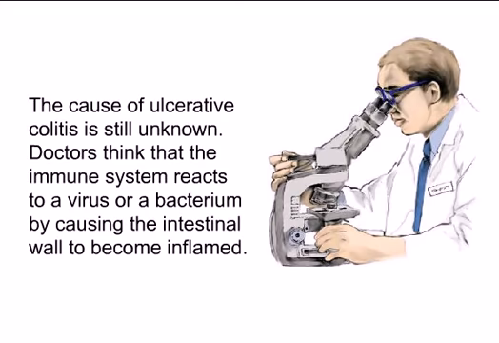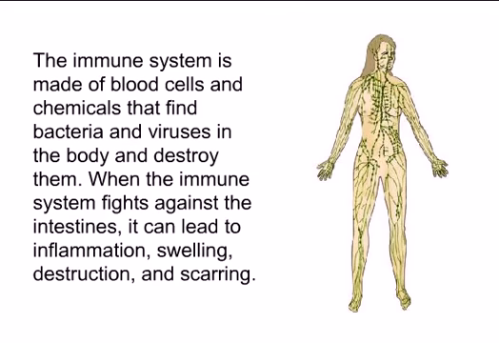Causes. The cause of ulcerative colitis is still unknown. Doctors think that the immune system reacts to a virus or a bacterium by causing the intestinal wall to become inflamed. The immune system is made of blood cells and chemicals that find bacteria and viruses in the body and destroy them.